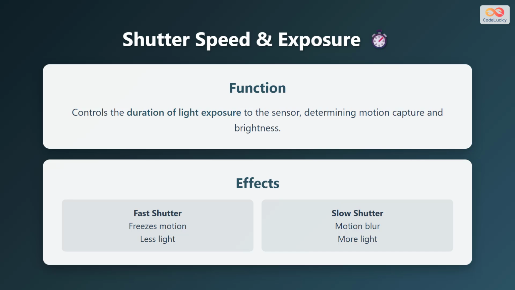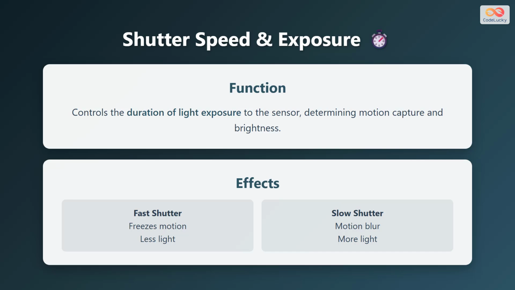The shutter is a mechanical or electronic device that controls the duration of light exposure to the sensor. Shutter speed determines two critical aspects of your photograph: motion capture and overall brightness. A fast shutter speed, such as 1/1000th of a second, freezes motion and is ideal for capturing fast-moving subjects like athletes or wildlife. However, because the shutter is open for such a short time, less light reaches the sensor.